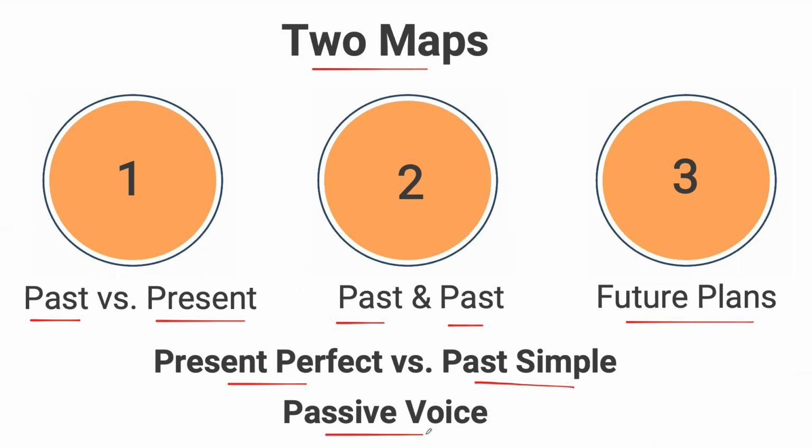Or you might have to use the passive voice, because again, if we're talking about something like a redevelopment scheme, it's not very important who is doing the action, but what is going to happen or what has changed in the past. So before we even look at the outline and how to write this essay, let's familiarize ourselves with the grammar.